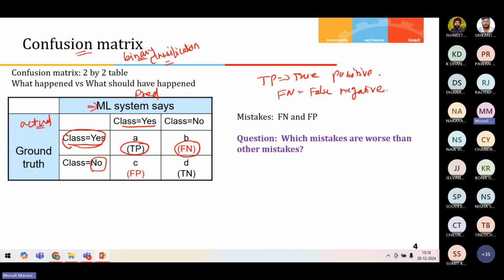Similarly, when the actual class is no, and the model is predicting positive, it's a false positive. And if the actual class is no and the model is also predicting no, then it is a true negative.